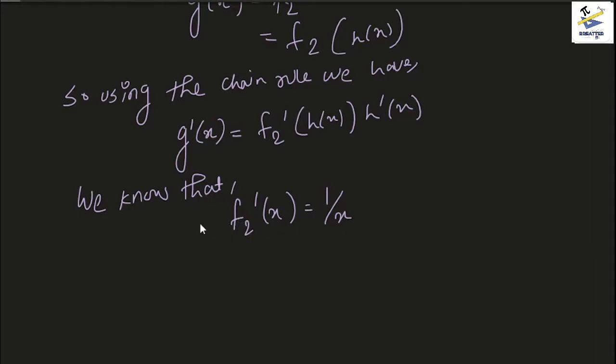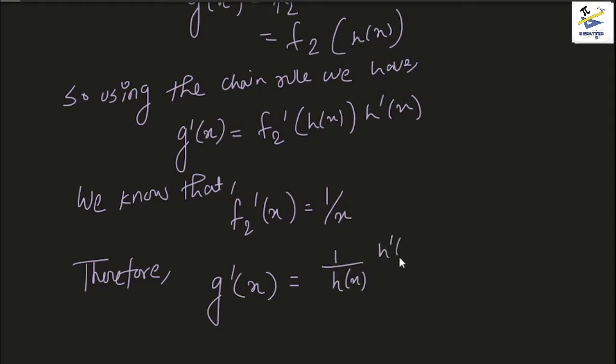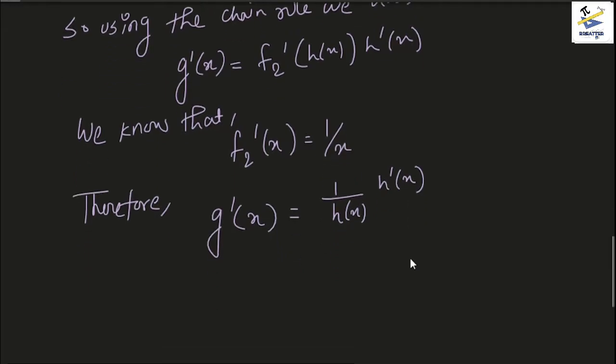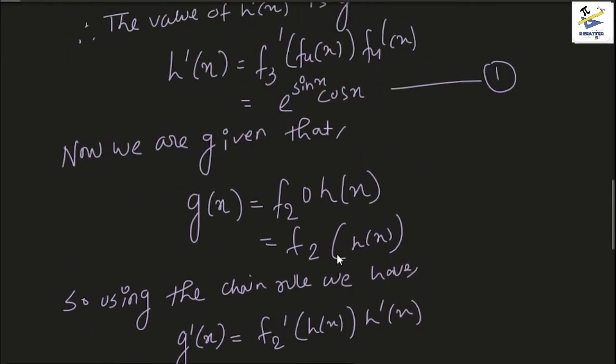Now this gives us the answer that g prime of x would be equal to 1 by h of x into h prime of x, and putting the value we get e to the power sin x into cos x divided by e to the power sin x, which gives us only cos x, right? So it's a pretty simple one this time.